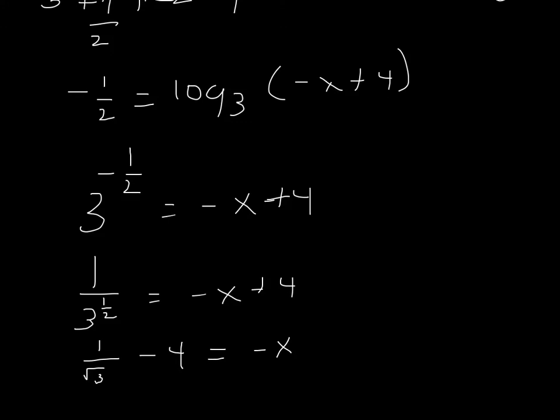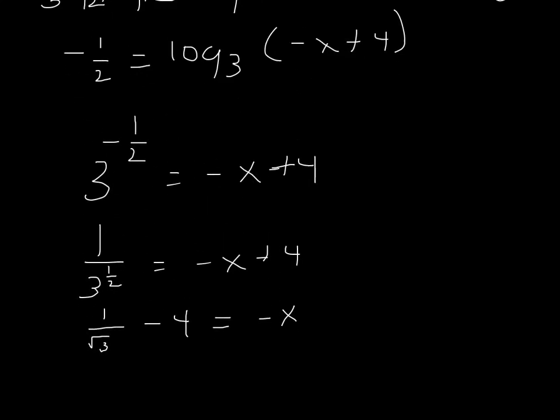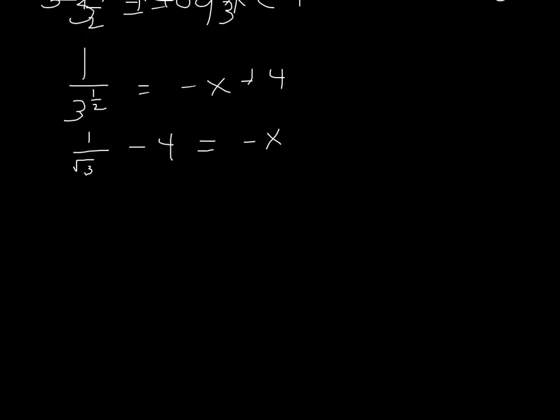And then let's move the screen up. Then we're going to divide everything by negative 1, and we get x equals positive 4 minus 1 over the square root of 3.